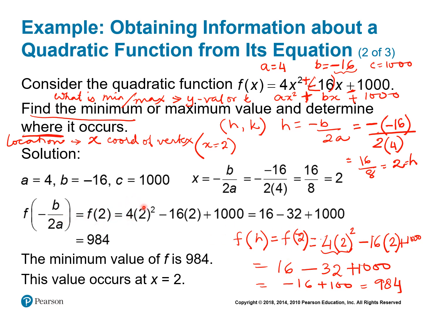So 4 times 2 squared minus 16 times 2 plus 1000 equals 16 minus 32 plus 1000. So the minimum value of f is 984, and the value occurs at x equals 2. So that's how you have to answer the question.